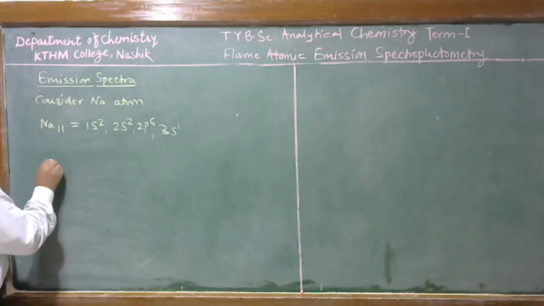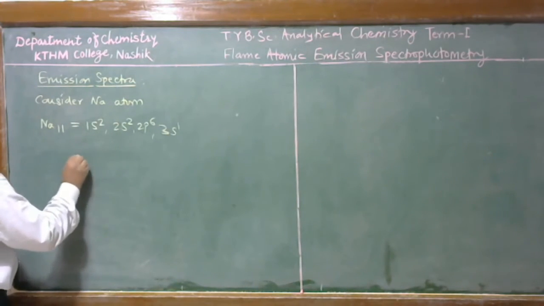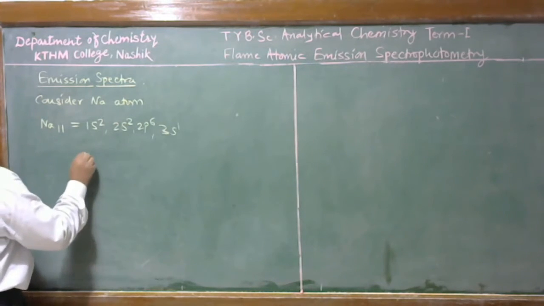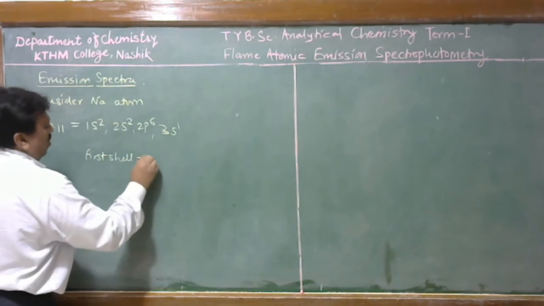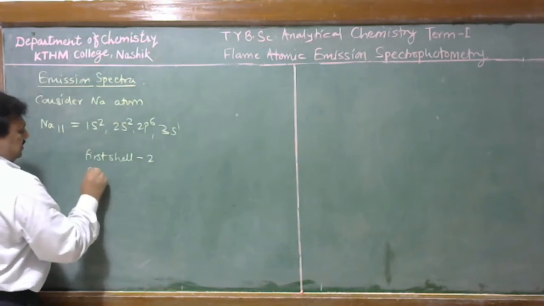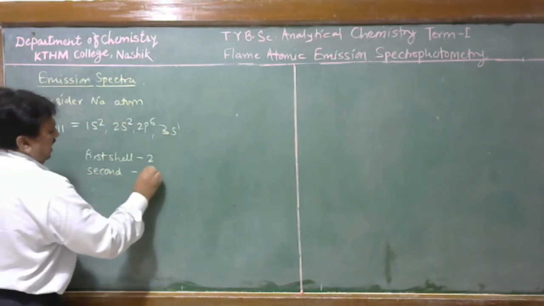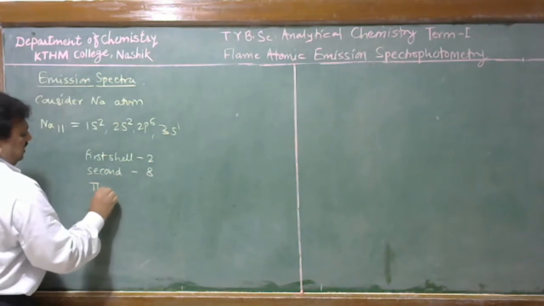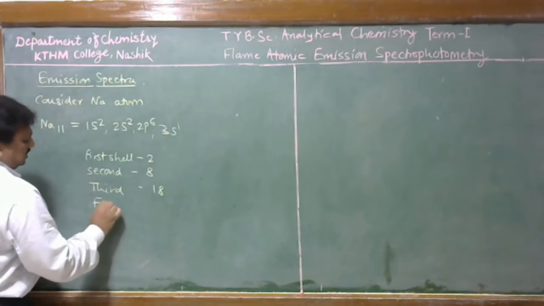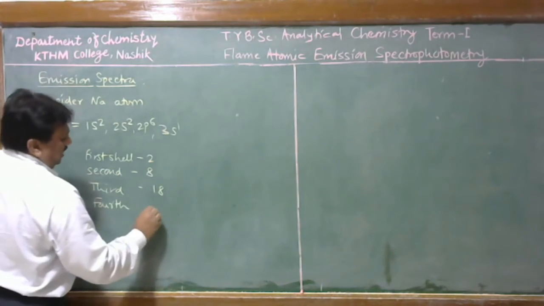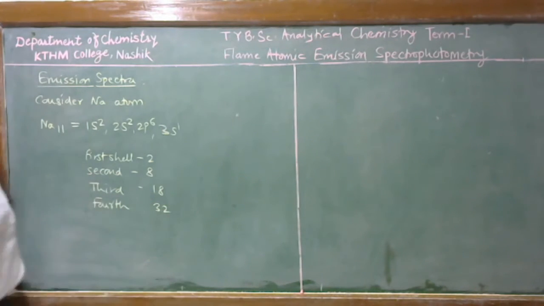Actually, if we consider the atomic structure of any atom, the first shell consists of 2 electrons, the second shell consists of 8 electrons, the third shell consists of 18 electrons, and the fourth shell consists of 32 electrons.